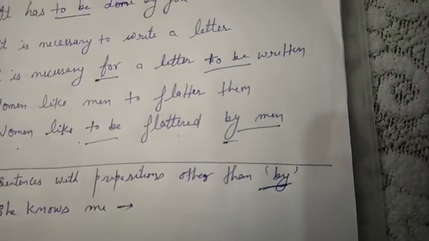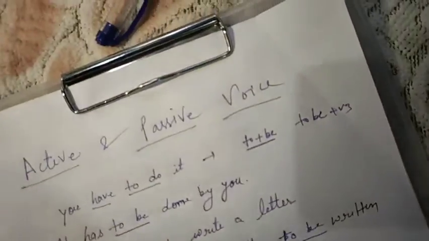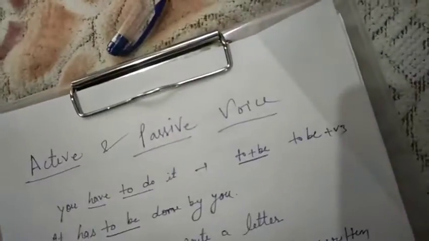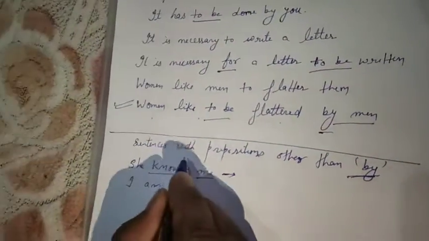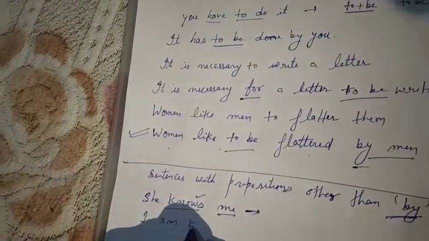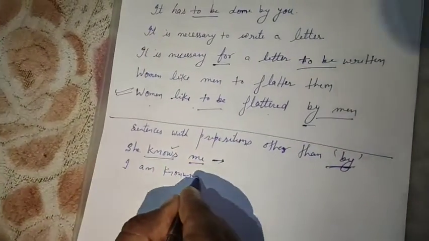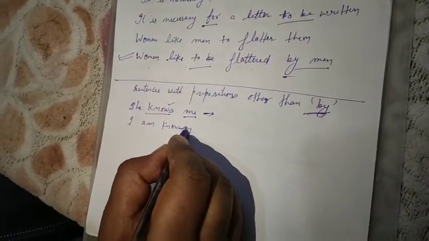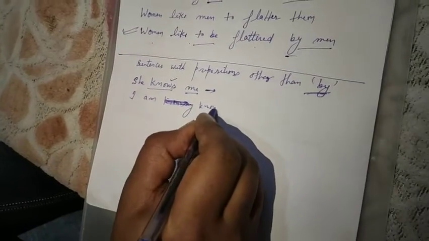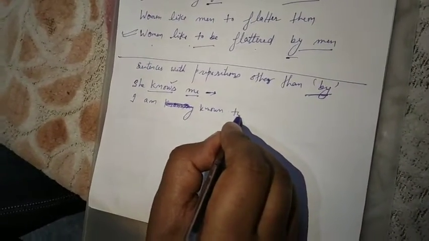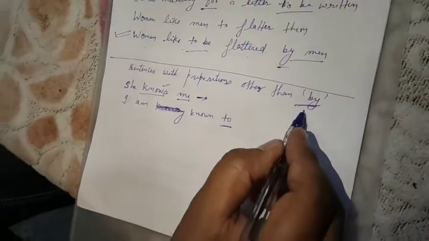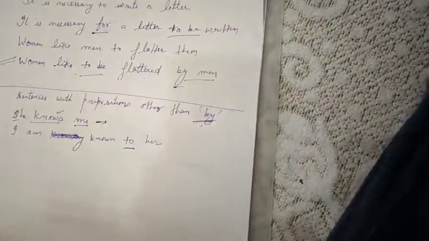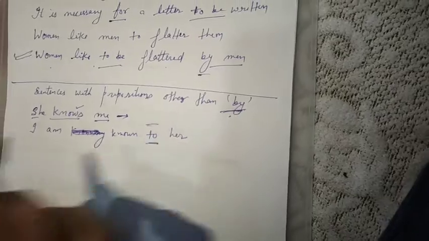In that case, the sentence will change into I am, according to the sentence tense, and the third form, known, K-N-O-W-N. I'm known to her. Here we are using to instead of by, and she will be her. I'm known to her.